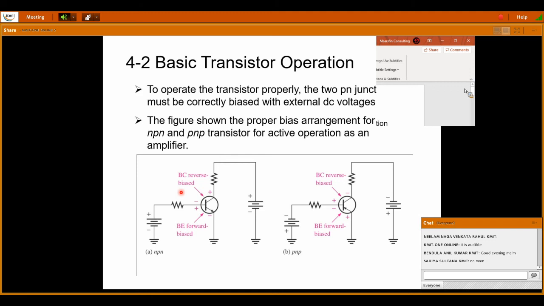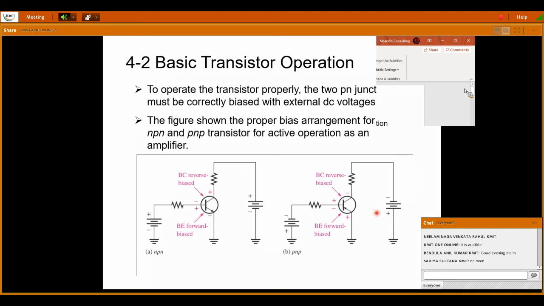To use your transistor as an amplifier, the charge carriers transferred from your emitter to collector have to be multiplied with some beta factor or gain factor. In order to do that, we have to forward bias your input junction and reverse bias your output junction.